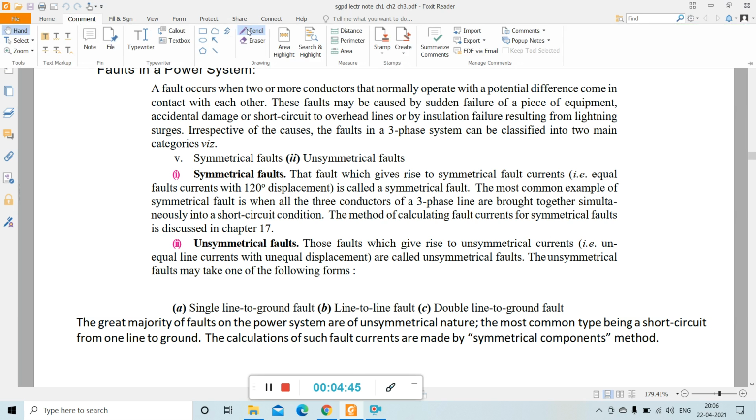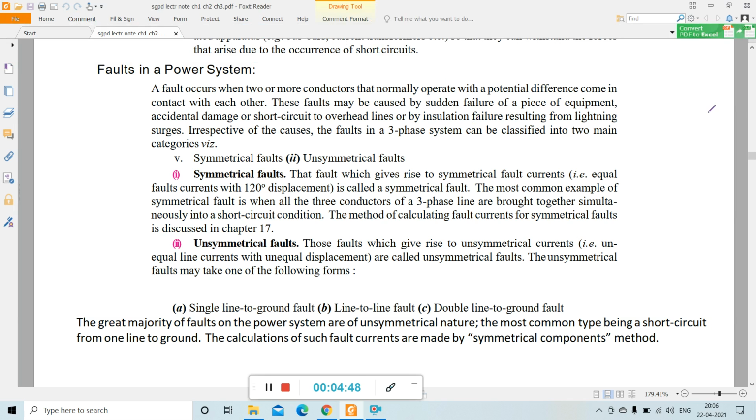See how the symmetrical fault occurs. This is one line R, then this is Y, and this is B. When these three conductors of the three-phase line are brought together into a short circuit condition like this, then there is a symmetrical fault.